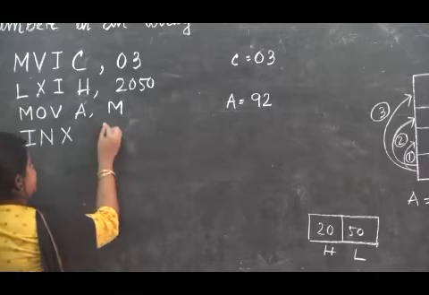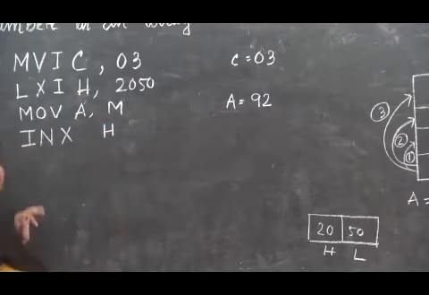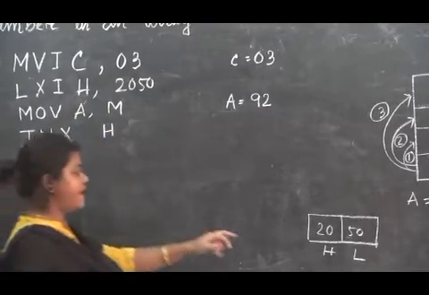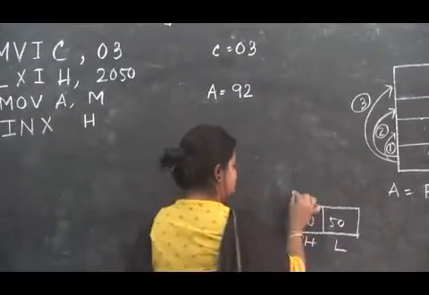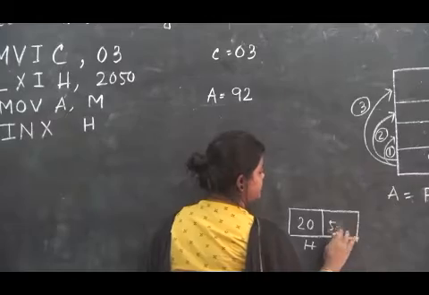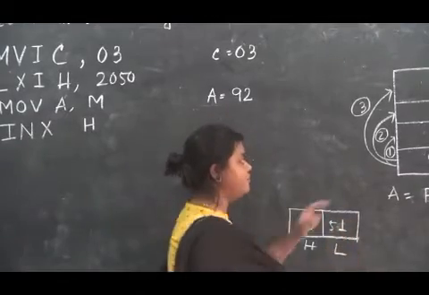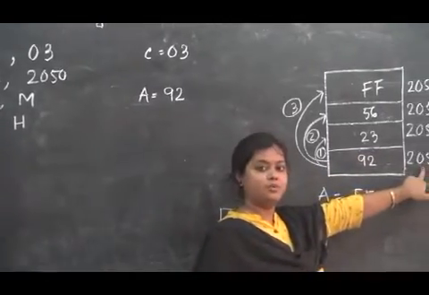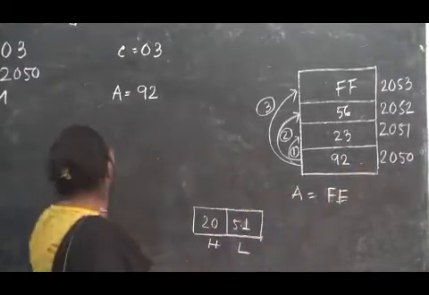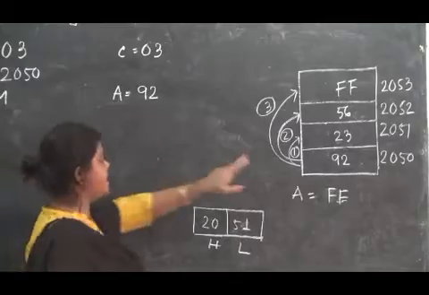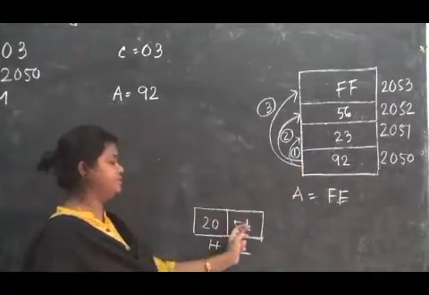So we write INX H. The meaning of this instruction is that the value of the HL register pair is incremented by 1. So the new value of the HL register pair is 2051. At first it was 2050. After executing this instruction, the value will be 2051.